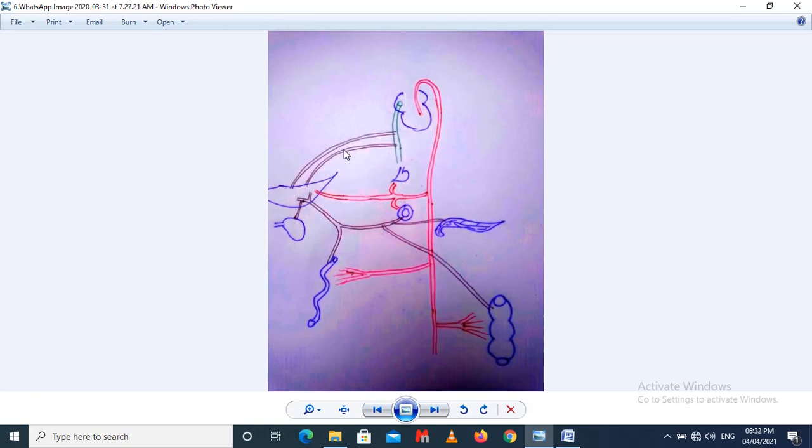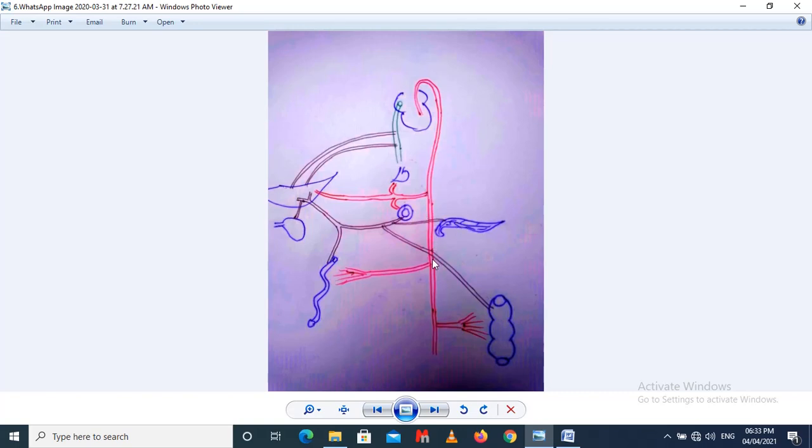Now, coming toward the detail, I'm going to show you the difference between the hepatic portal and the splanchnic circulation. Actually, this is the heart. From this heart, the aorta arises, and this aorta gives multiple branches. I have not mentioned all the branches, but the branches which have something to do with the viscera, or the visceral organs, have been shown over here. So this is the celiac trunk which supplies blood to the stomach, to the liver, and to the spleen.